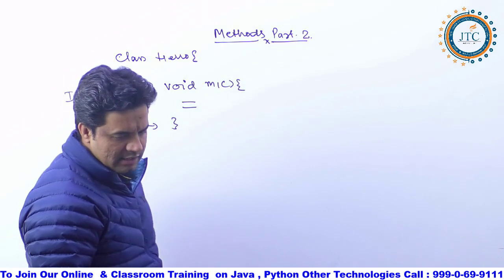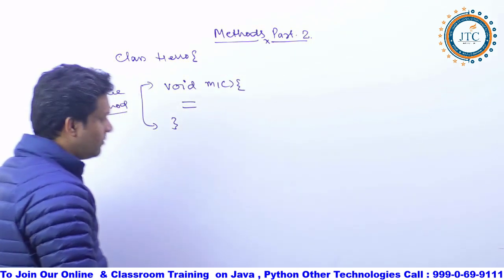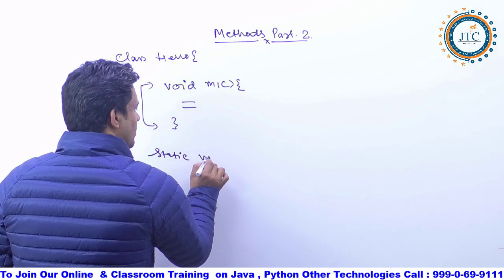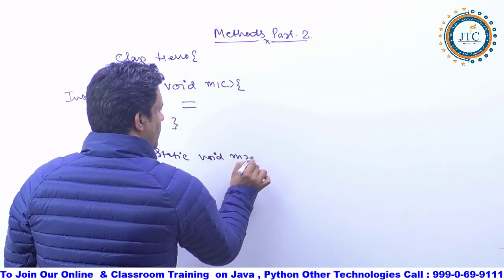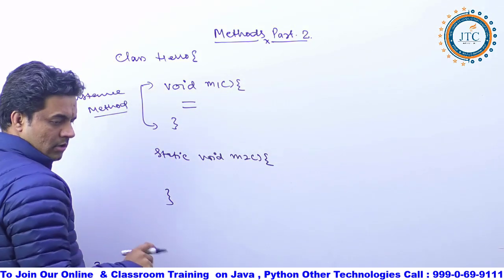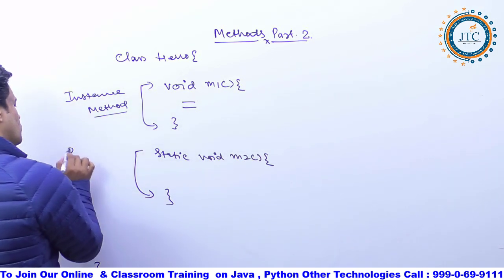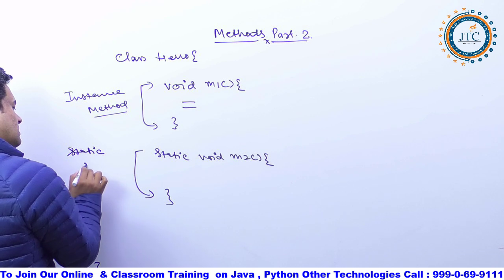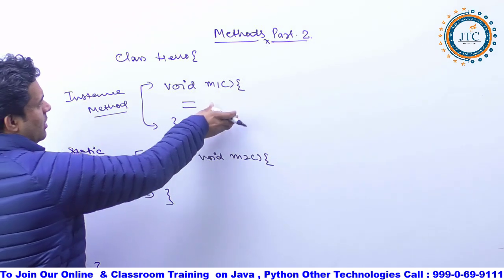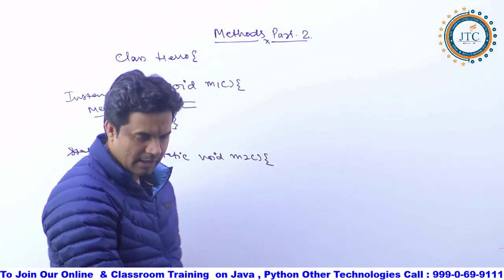At the same time now we are writing one more thing, static void M2 method, and this static void M2 method is also called a static method. You would have seen these two things, instance method as well as static method, in these cases.